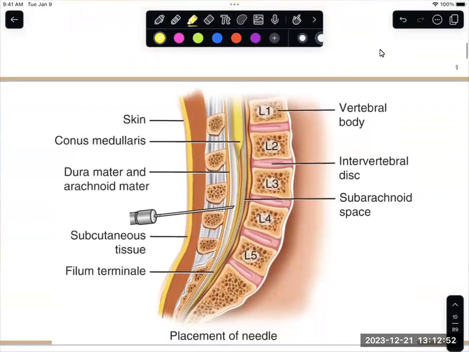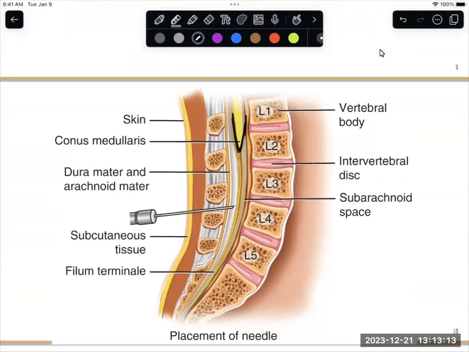So when they do these spinal taps, they're going to do it below the L2 vertebrae. Why? Because at that L2, we have this conus medullaris. We do not want to hit the spinal cord.